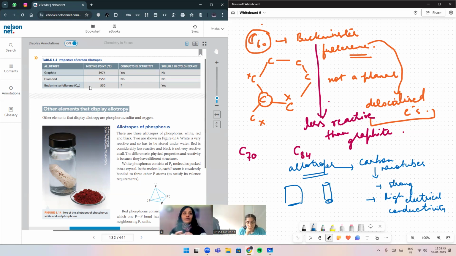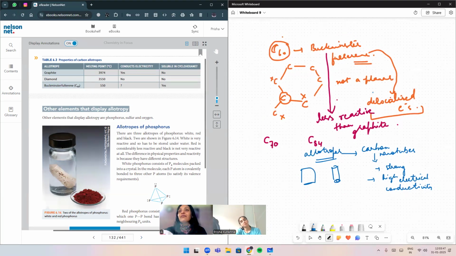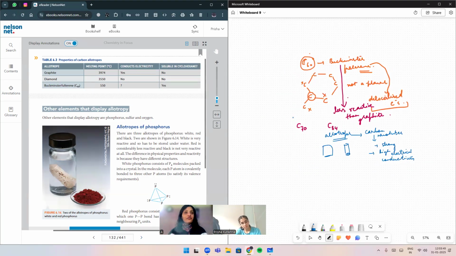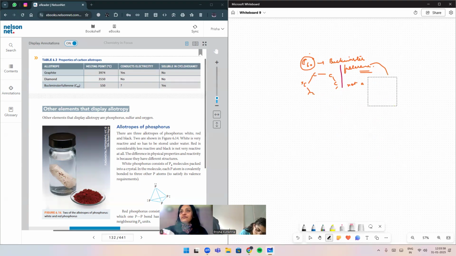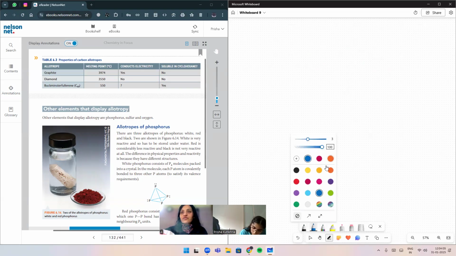Okay. Now, allotropism is shown by some other elements: phosphorus, sulfur, and oxygen. So let's talk about that. First of all, we are going to make space for them. So the first element which we are going to pick will be phosphorus.